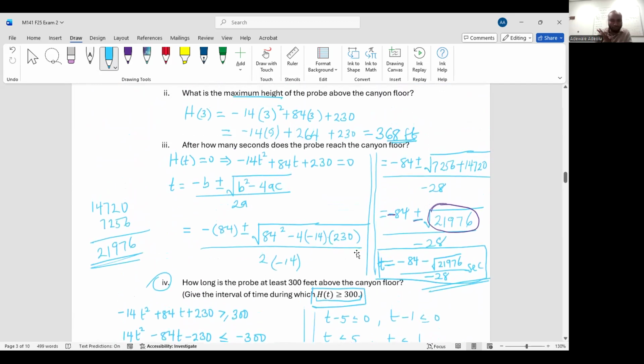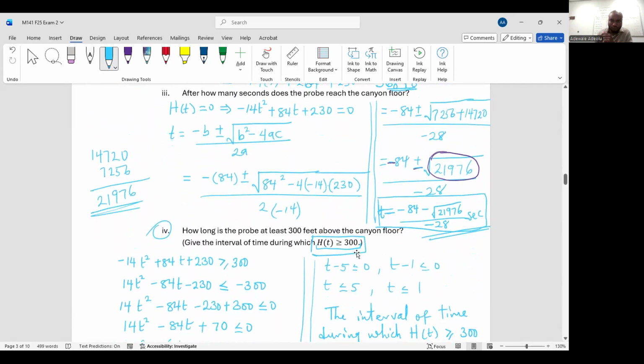So I'll leave it that way. Because if you plug in one here, that would be negative 14, plus 84. So minus 14 plus 84 is 70, plus 230. So that is 300, right? So one works.